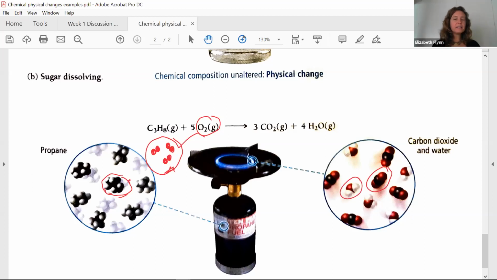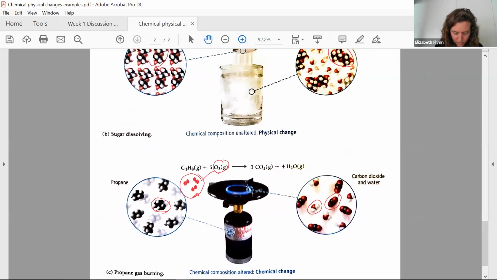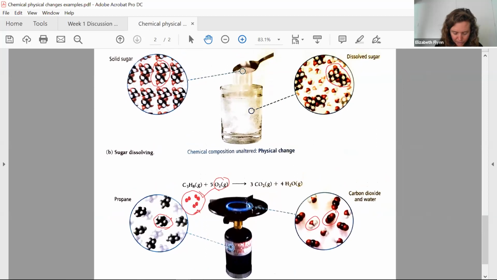So do we see the difference here? What questions do you have about understanding the difference here? So do we see this difference between physical change, here's a sugar molecule, still a sugar molecule, and chemical change, propane and oxygen molecules versus carbon dioxide and water? Is that clear to everyone?